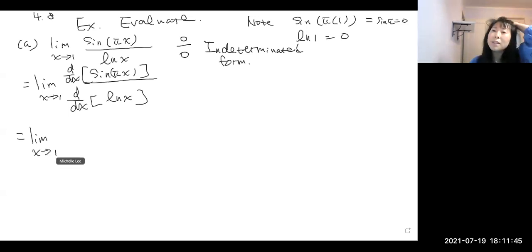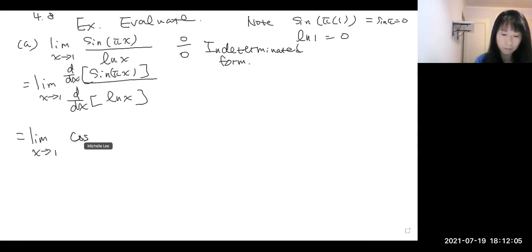So the derivative of sine pi x, what do you get? Cosine pi x times pi. Excellent. Chain rule, right? Okay. Now, the derivative of ln x, what do you have? 1 over x. 1 over x. Very good. Okay.